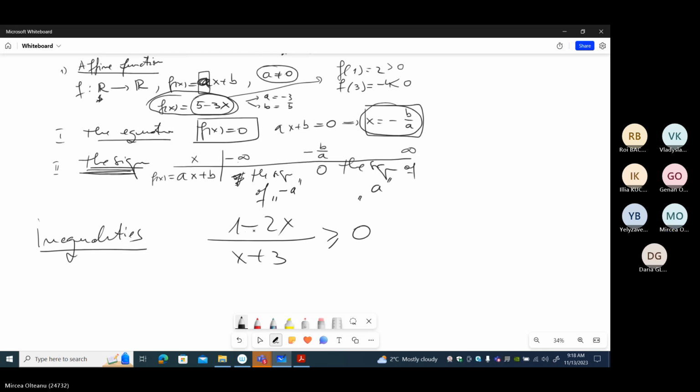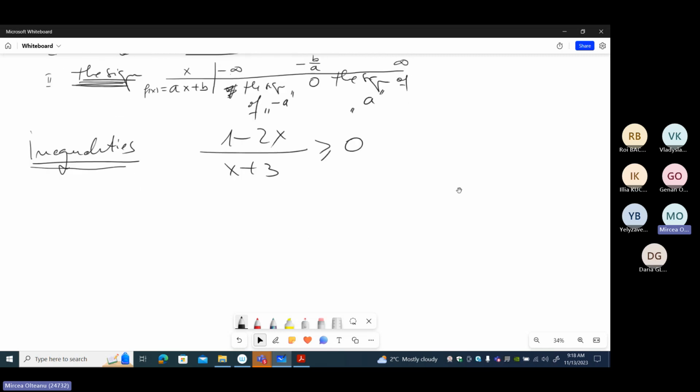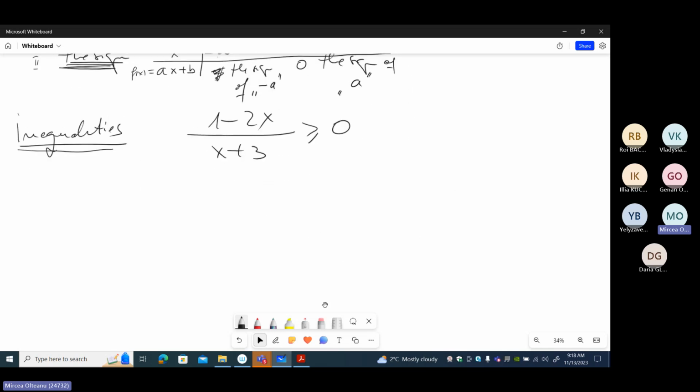Attention, when we have inequalities, it is totally forbidden to eliminate the denominator. When we have an equation, yes, we can eliminate the denominator, but when we have inequalities, this is not possible. So when you have an inequality, do not eliminate the denominator. But how to do? It's very simple. We want to know the sign of this ratio. The sign of a ratio depends on the sign of the numerator. This is the numerator. And it depends also on the sign of the denominator.